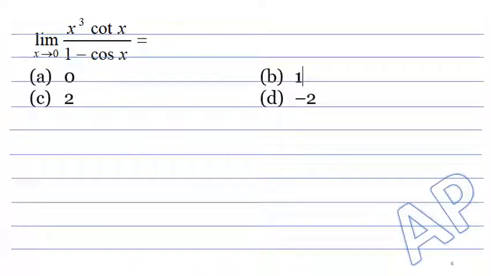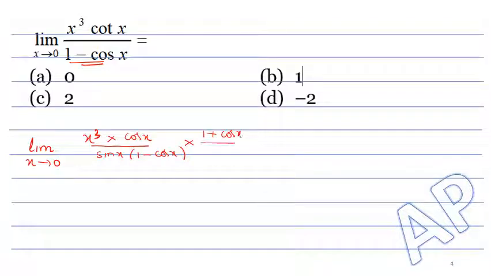Limit as x tends to 0 of x cube cot x divided by 1 minus cos x. So let us evaluate this limit. I will consider this limit as x tends to 0 of x cube into cot x, which can be written as cos x divided by sin x, and in the denominator I have 1 minus cos x, and I will multiply this by 1 plus cos x, and divide by 1 plus cos x.